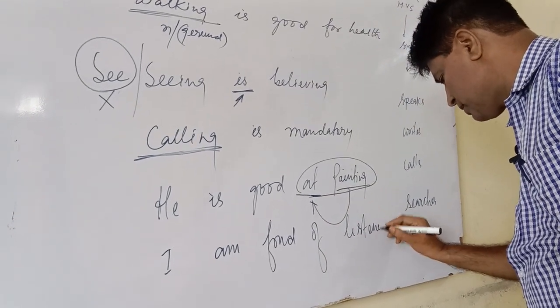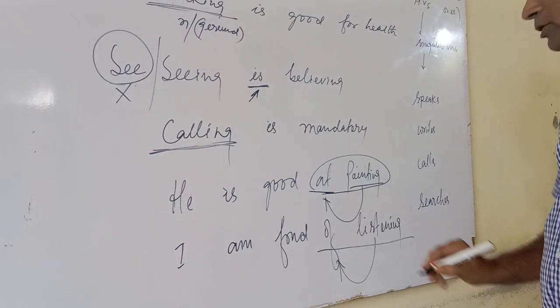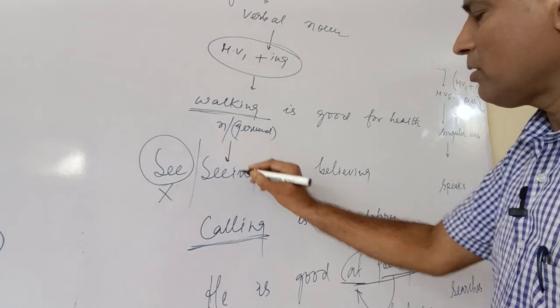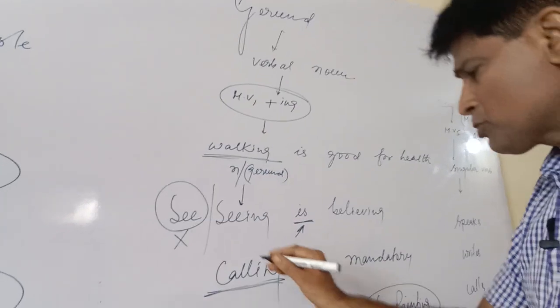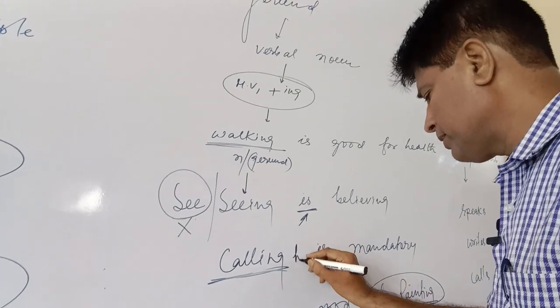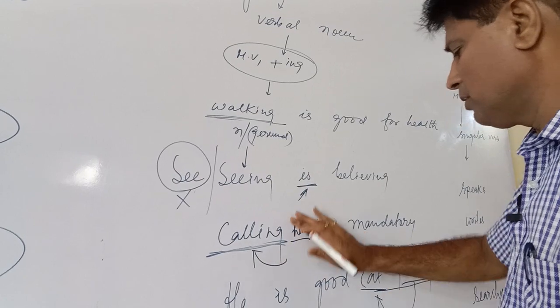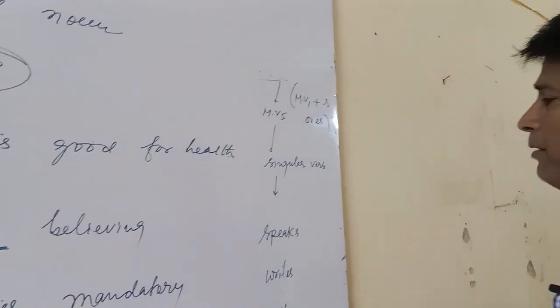So here listening is a gerund because it is followed by a preposition. So gerunds are used in the beginning of a sentence as subjective case and in objective case, both ways. But if you use two words together following him, then it doesn't work as a gerund, rather it works as a participle.